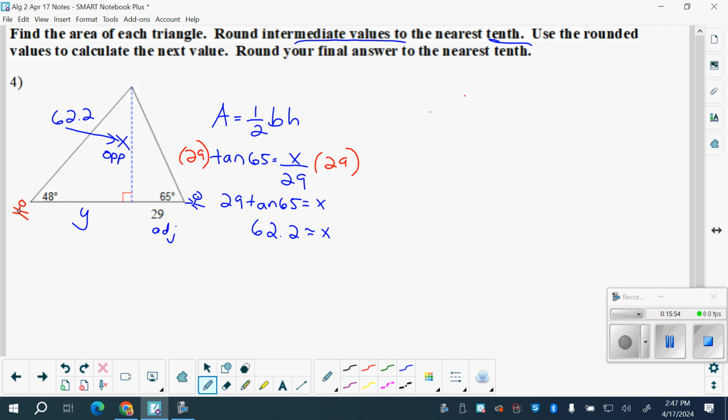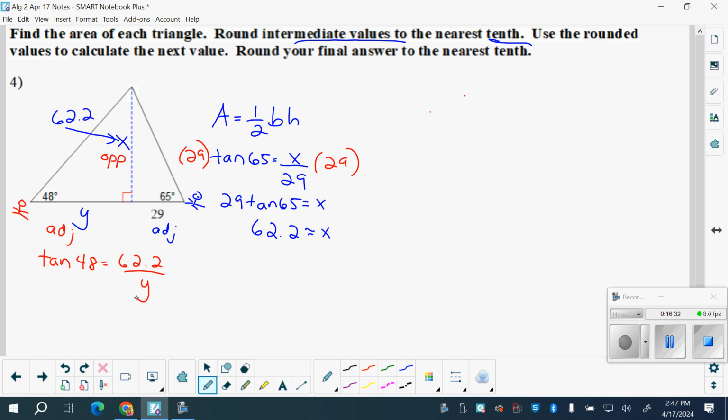And Frankie, what is the y in relationship to the 48? Is y adjacent, opposite, or hypotenuse? Adjacent, that's right. And what about the x, or the 62.2? Yep. So we have opposite and adjacent, which is going to be what trig function? Tangent again. So we have tangent of 48 equals the opposite, which is 62.2 over the adjacent, which is y.